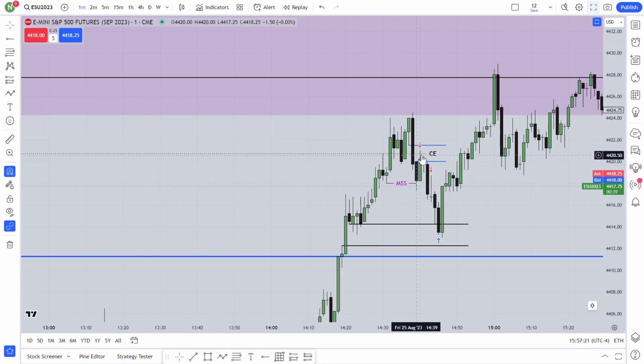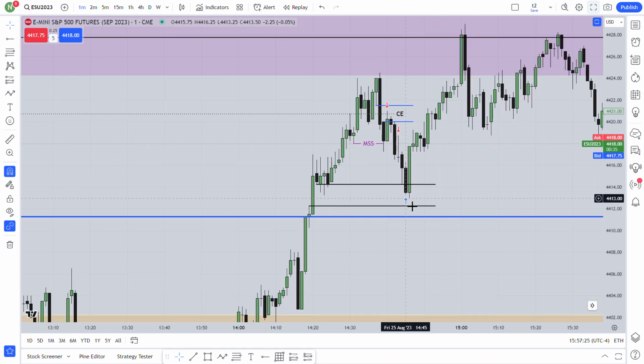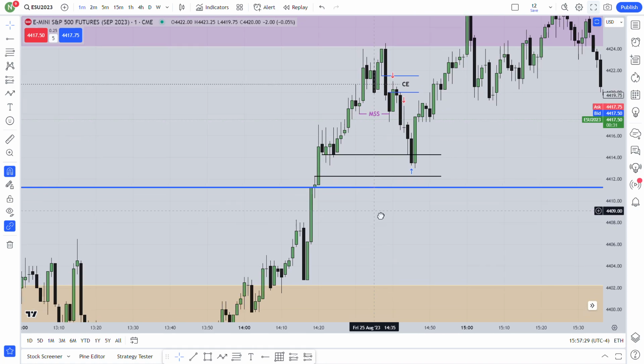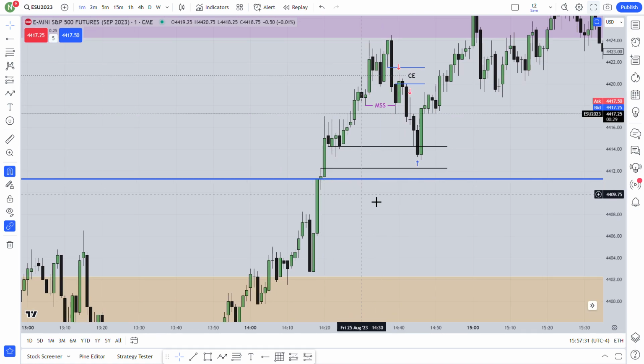This is the market structure shift, the fair value gap, and my aim was over here, not this gap, because this is the breakaway gap. Some of my friends were asking me to talk about the breakaway gap.